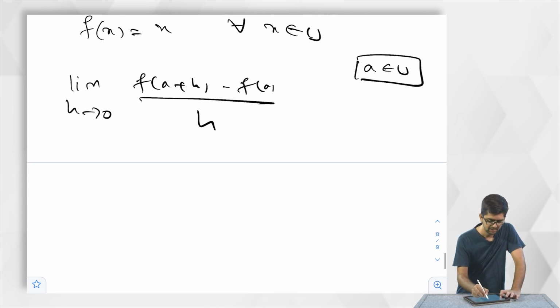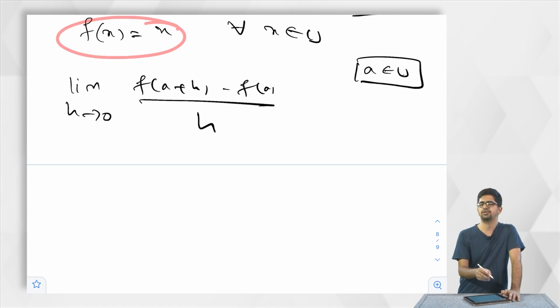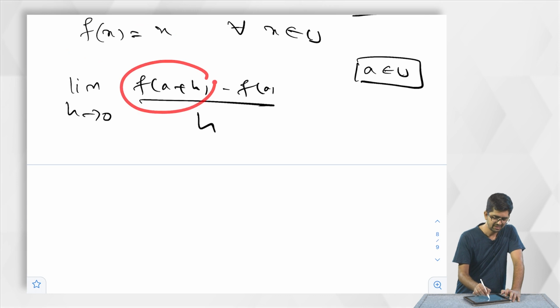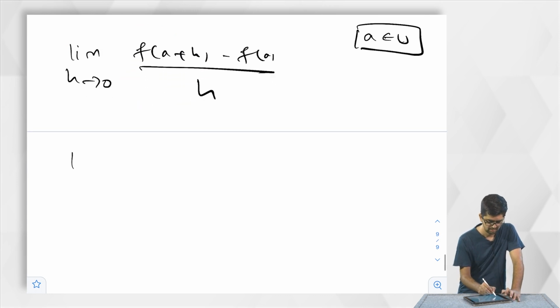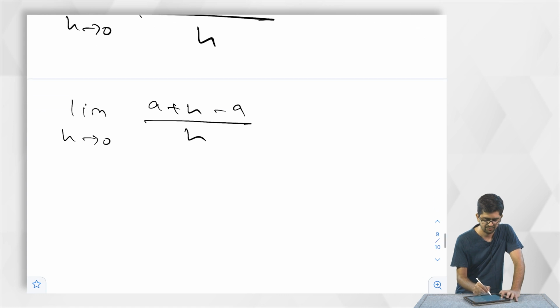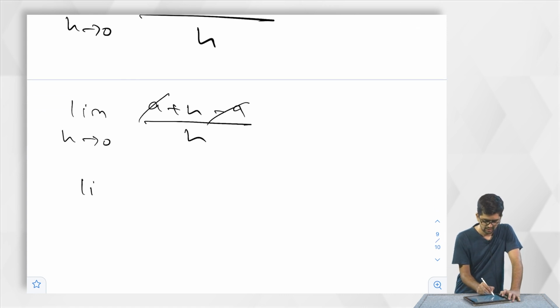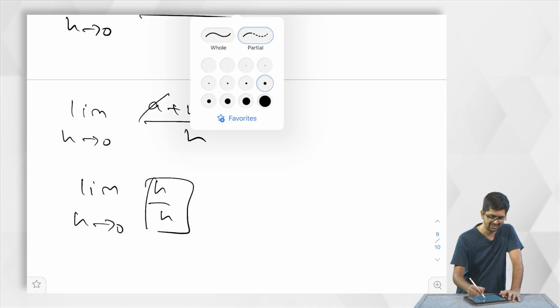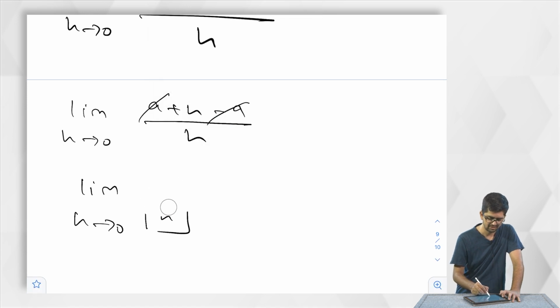But see, this is an identity function. So f of a plus h is the same thing as a plus h. So limit h goes to 0, this is a plus h, this is simply a, divided by h, the a gets cancelled out. So limit h goes to 0, h by h, this also gets cancelled out, and we get the constant function 1.